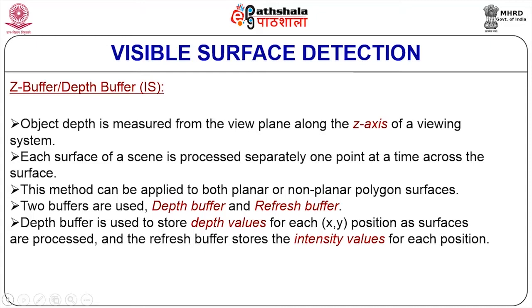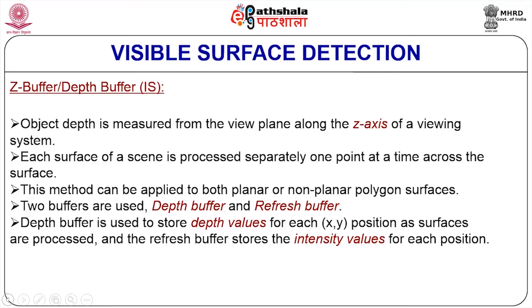So, the Z itself is generally understood as depth. As you can see in the slide, the object depth is measured from the viewing plane along the Z axis of the viewing system. Each surface of a scene is processed separately, one point at a time across the surface. So, we take one surface at a time. The method can be applied to both planar and non-planar polygon surfaces.